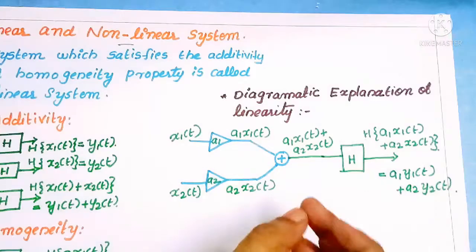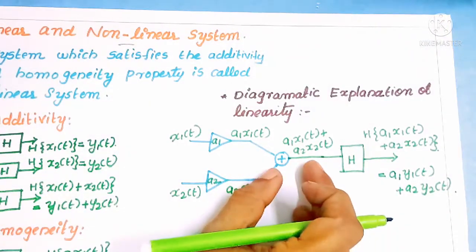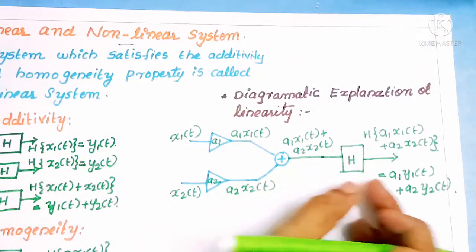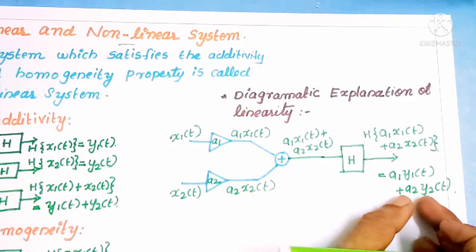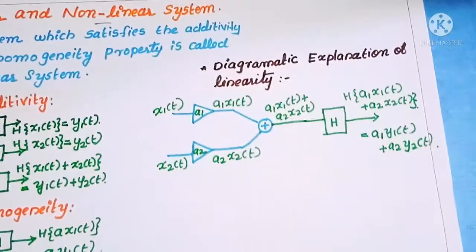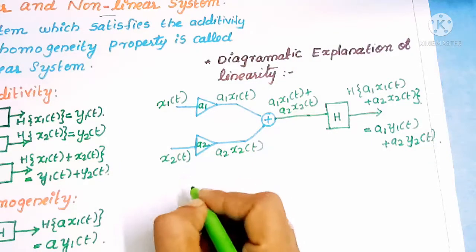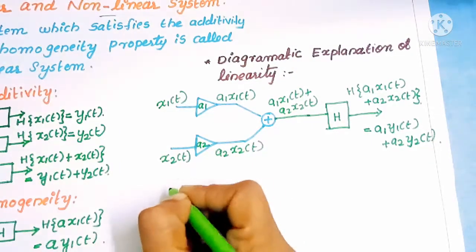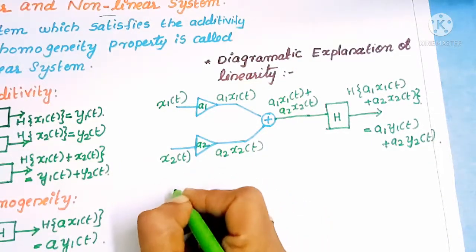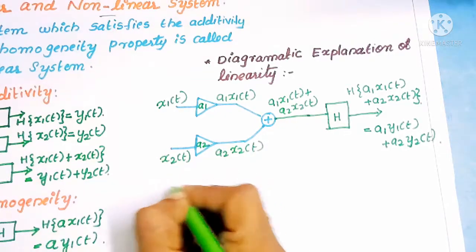When we apply an added input signal to the system, we get an added output response. Also, we can take a separate condition, that means we can take the individual response of each signal.